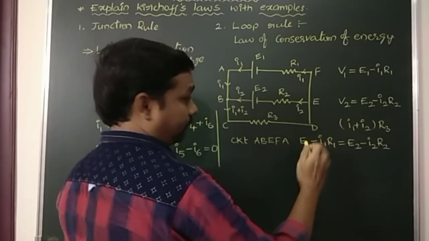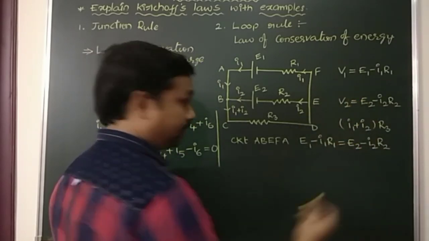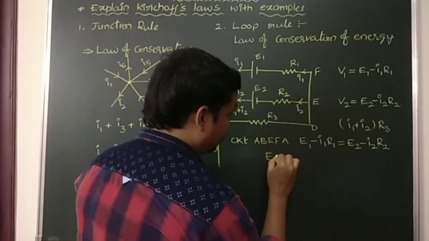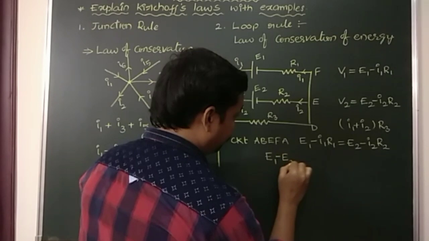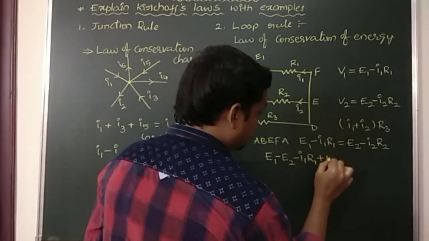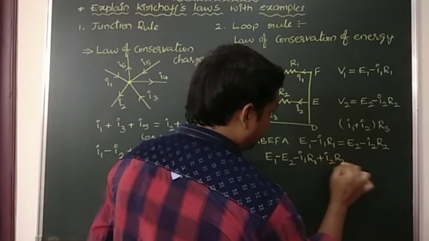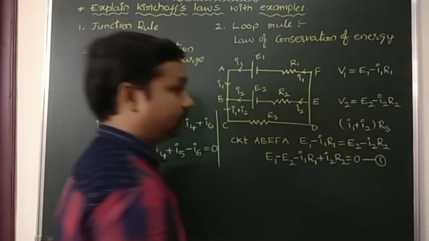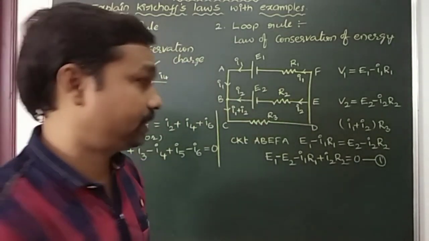Bring these to the left side or send those to the right side, you can take any. So the final equation is E1 minus E2 minus I1 R1 plus I2 R2 equals 0. This is the first equation.